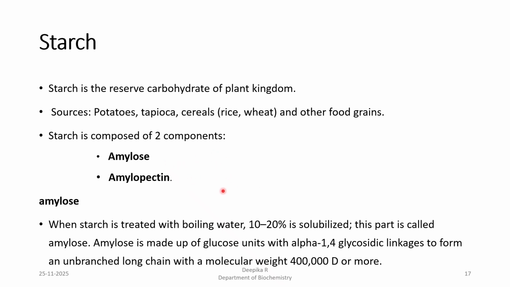The bond between individual molecules of amylose is the alpha 1,4 linkage, whereas amylopectin has a branched structure. Wherever branching takes place, there will be an alpha 1,6 glycosidic linkage. Starch is mainly rich in potatoes, tapioca, cereals, and some other food grains.